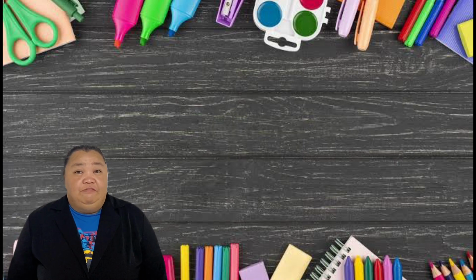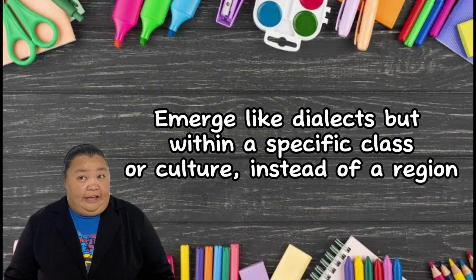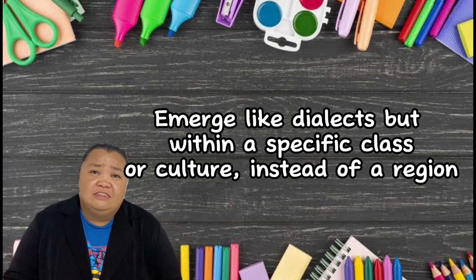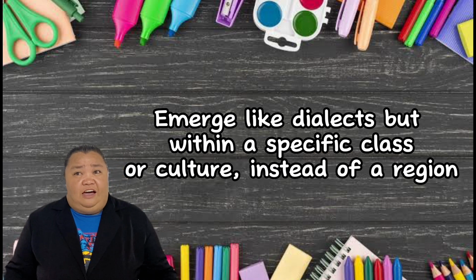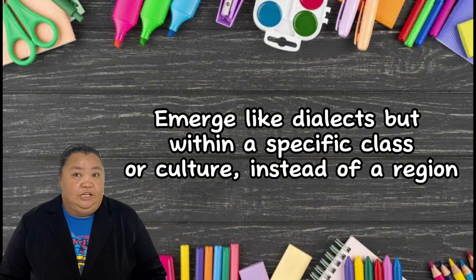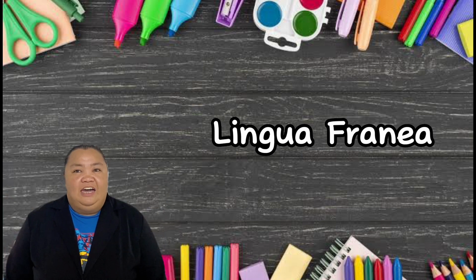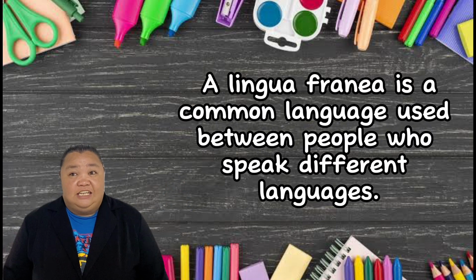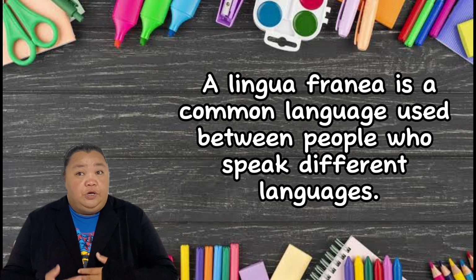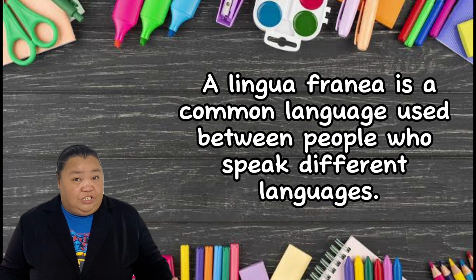And also, we have a social dialect. Social dialect emerges like regional dialects but within a specific class or culture instead of a region. We have also a lingua franca. A lingua franca is a common language used between people who speak different languages.